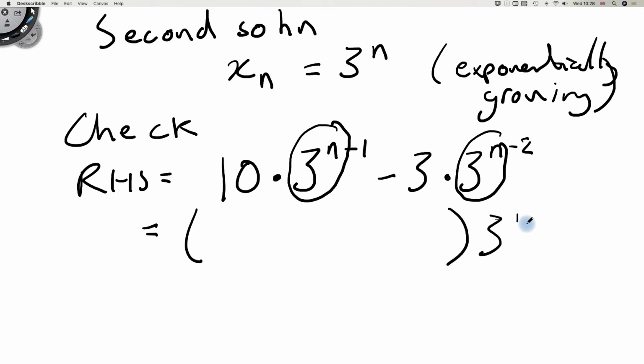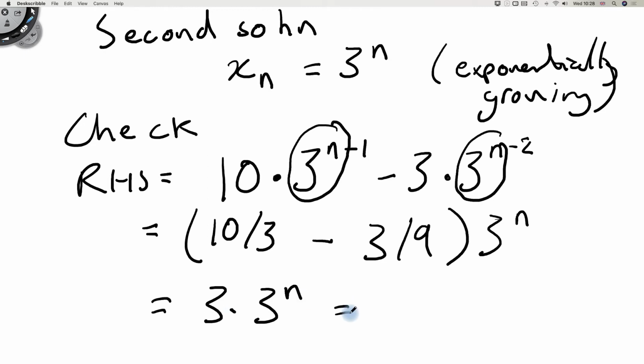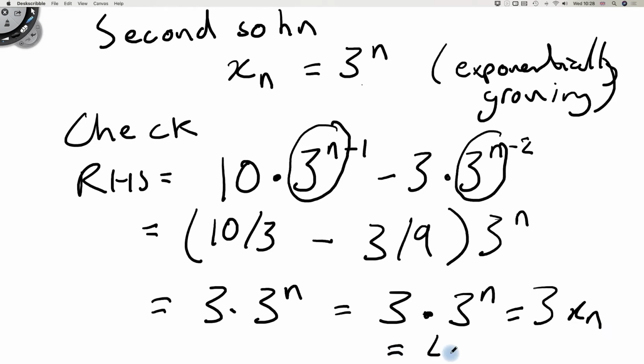So we factorise out that common factor, and then we end up with 10 times 3 to the minus 1, so it's 10 over 3, minus 3 times 3 squared, so 3 times 9. Okay, and if you work that through, that's 10 thirds, that leaves you with 3 times 3 to the n, which again is 3 times x_n, our initial value, which equals the left hand side. Okay, so it proceeds quite nicely.